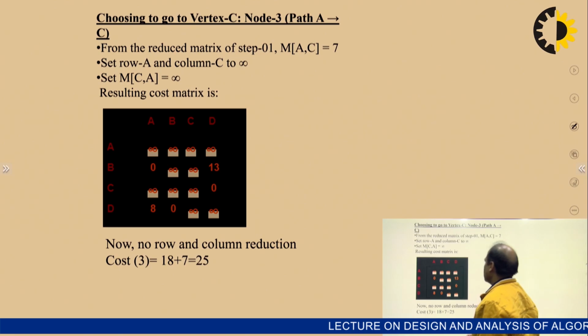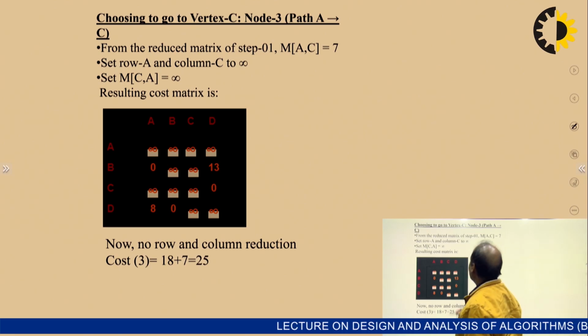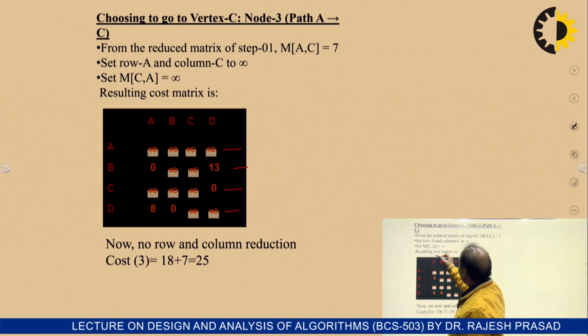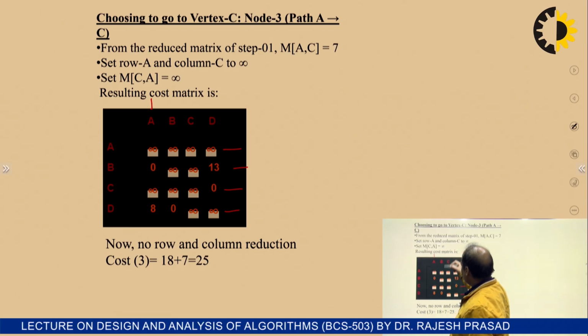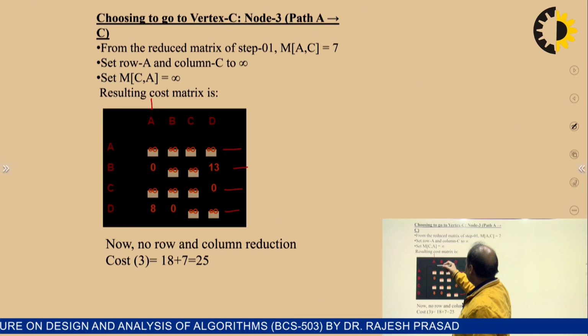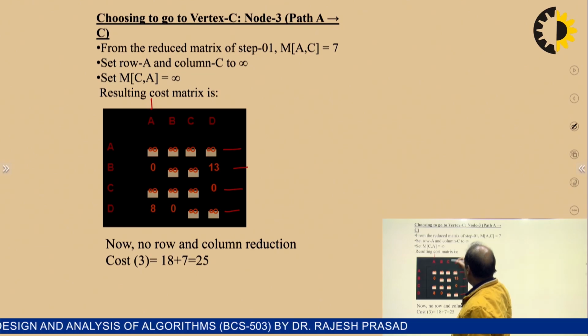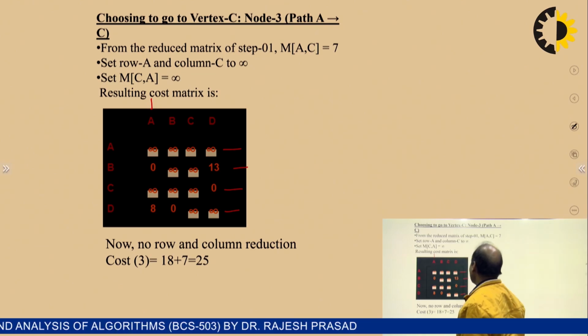These are the changes you have to do. So now no row reduction, no column reduction. So row reduction is not feasible. Similarly, column reduction is also not possible here because we have 0, we have 0, we have 0, right?